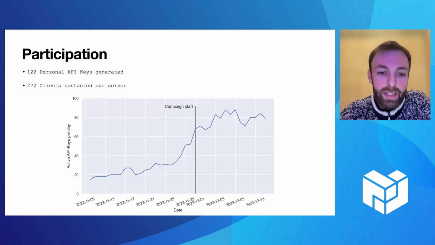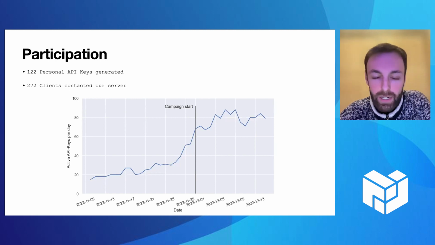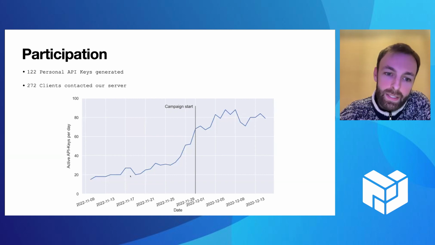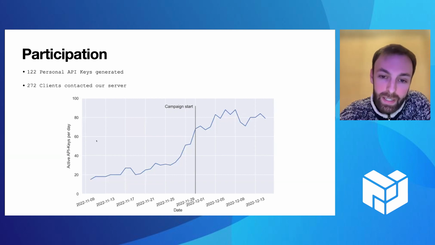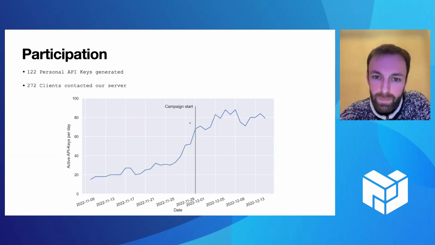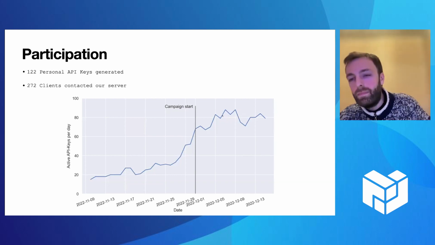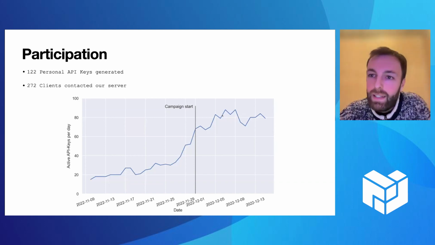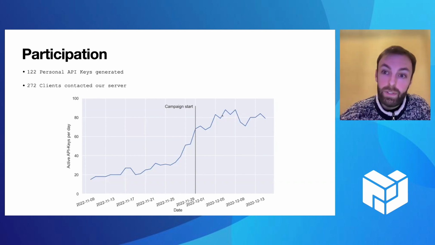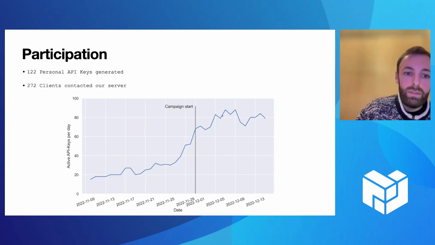We started collecting data at the beginning of November, and then made some noise starting in the last week leading up to December. Here we can see the active API keys per day over time. Starting on the 1st of December, there were still some people joining the campaign, but it leveled out at around 80 to 90 active clients contributing data to the measurement campaign.